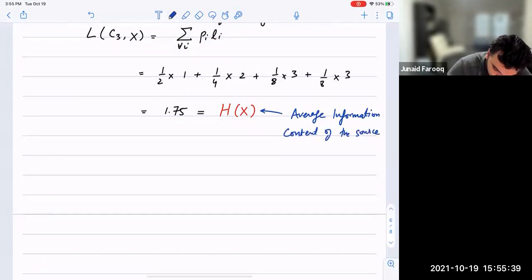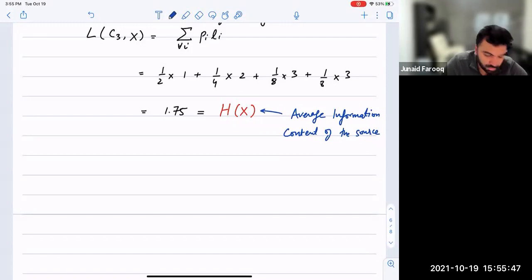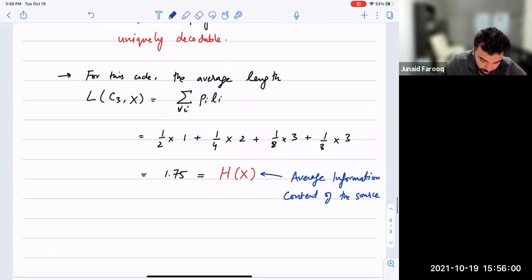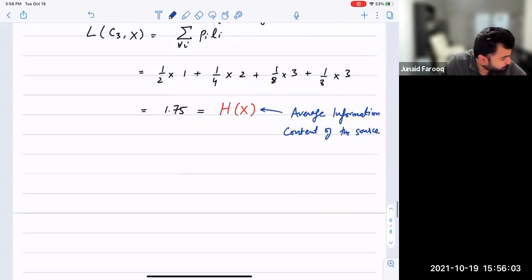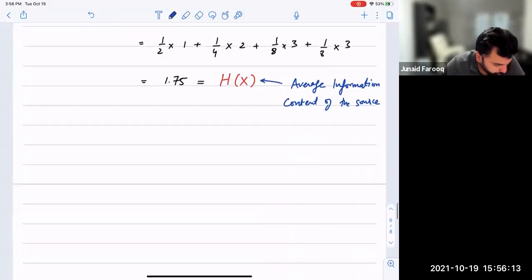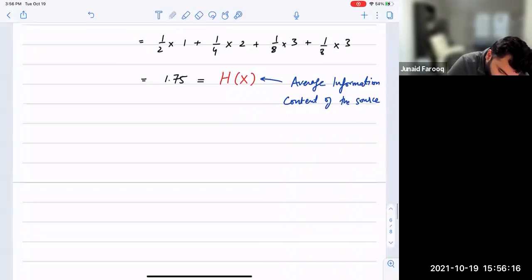So this average information content is actually equal to the average length of the code in this case. And we will see that this is really the best we can do when it comes to coding a source that we want to compress. So this is the best compression we can achieve. We will see this with more examples in the coming parts of the lecture.